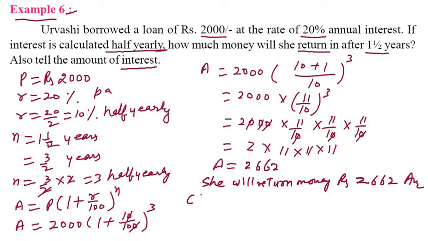So that will be the compound interest. So CI will be equal to amount minus principal. So amount is given as 2662 minus 2000, and the compound interest is 662 rupees. So that will be your answer.